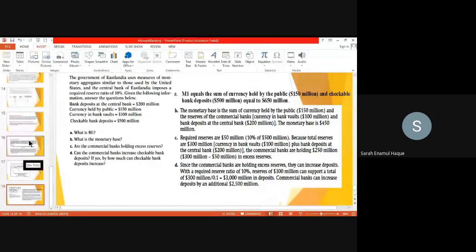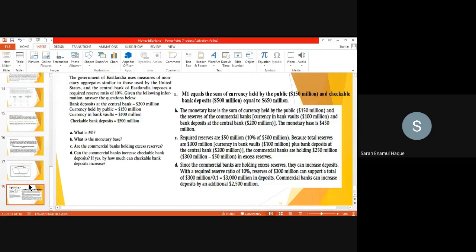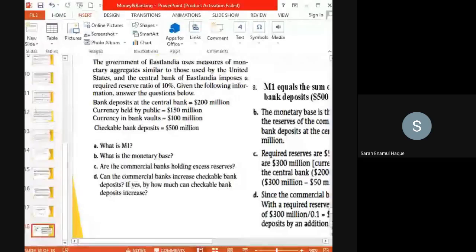There we looked at step by step how excess reserve is created, and from that excess reserve we give out loans. But in this question we are not talking about giving loans, we are not talking about step by step excess reserve. Here we are talking about the total amount.